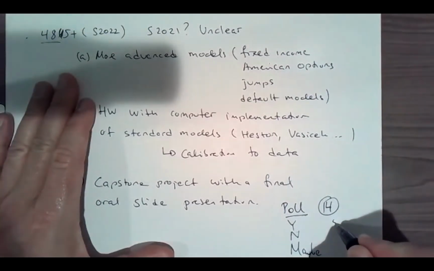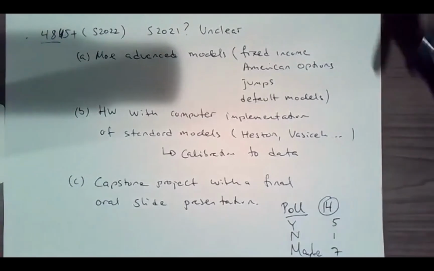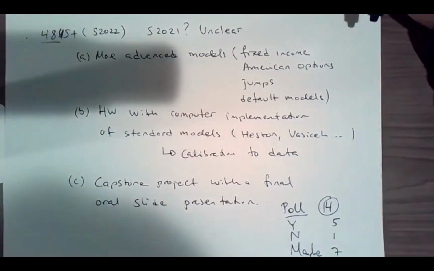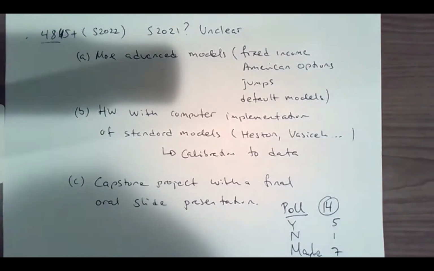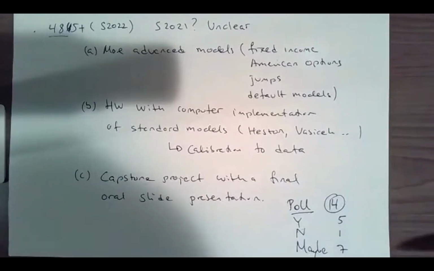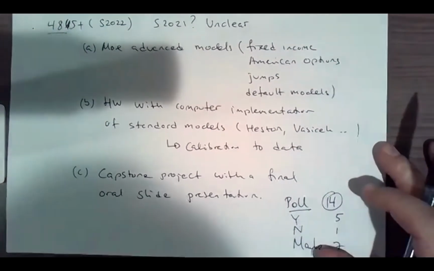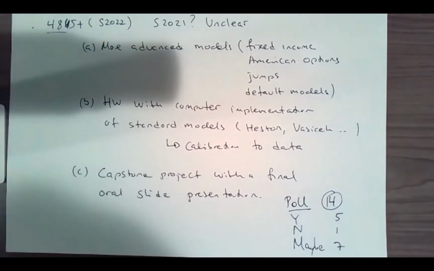So there are 5 up here, 1 here, and 7 here. I think the department's goal would be about 10 students. So you have to pick up some of the 7 down here, plus some of the 5 here, and then some from the other section.